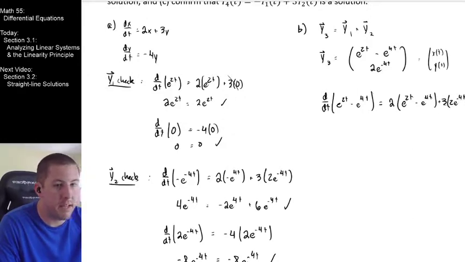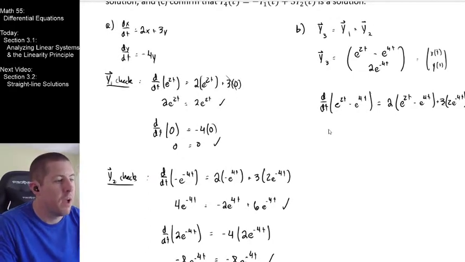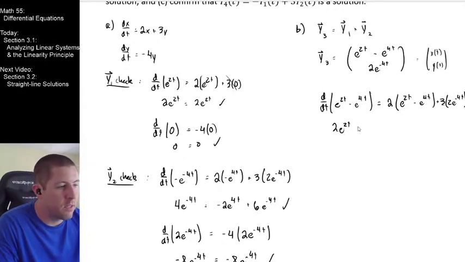Am I falling off the side over here? I am, barely. Can I smidge myself on here? Sure, close enough. There we go. Is this true? Well, it looks like here I'm going to get 2e to the 2t minus 4e to the 4t.